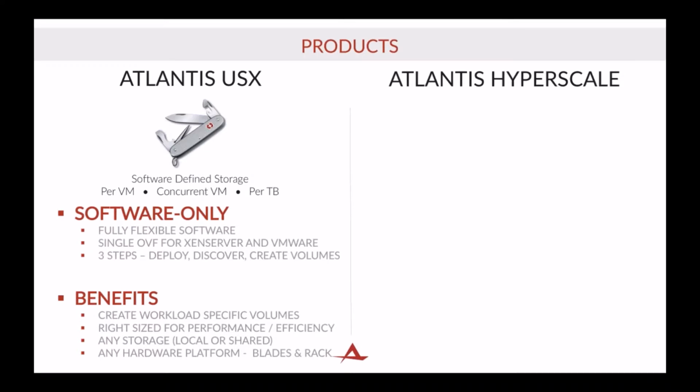With Blades, of course, you have fewer slots for disks, but that really doesn't matter because combining a number of Blades together into a hyper-converged platform with a minimal amount of SSDs and disks provides you that capability, because USX is quite flexible in the way that it requires underlying SSDs and spindles, for example.